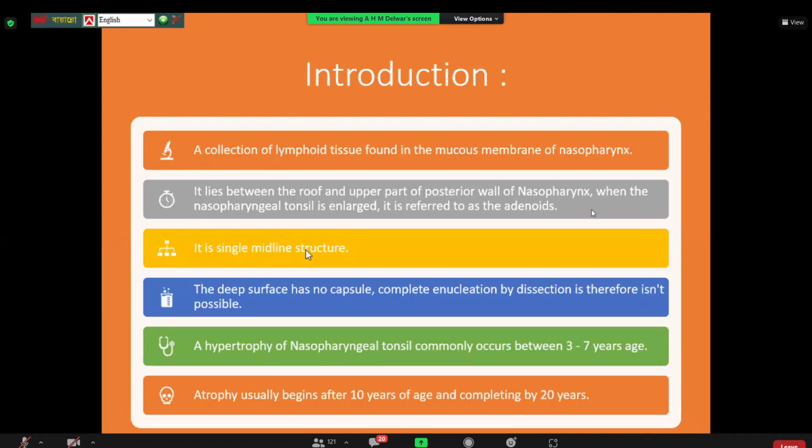It is a single midline structure. The deep surface has no capsule. Complete enucleation by dissection is therefore not possible. The deep surface, which is attached to the posterior wall of the nasopharynx, has no capsule, so without a capsule complete enucleation is not possible, like the prostate.